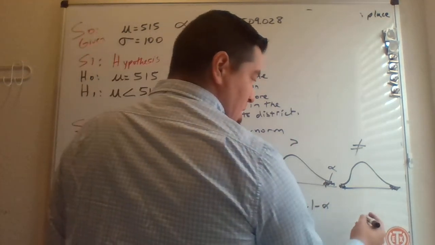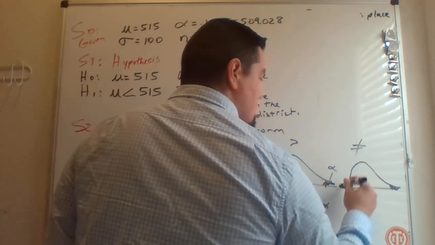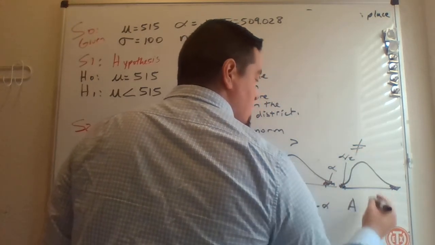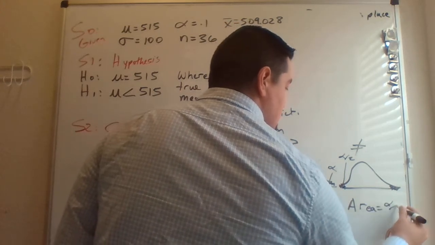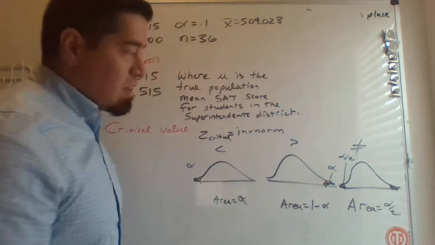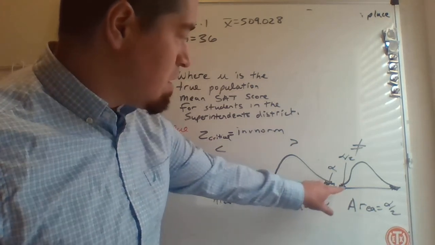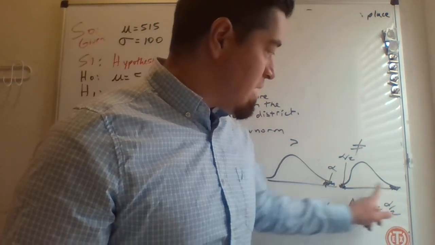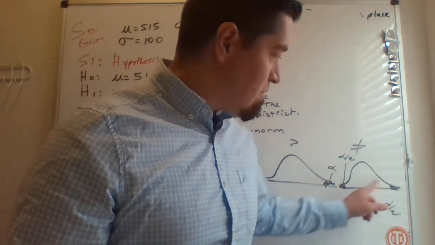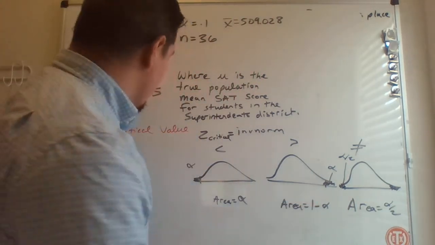Now this one, both combined are alpha, so this side would be alpha over 2. So the area you would want to use is alpha over 2, and then you'll find your z critical for this, which makes positive z critical this. Remember, that's going to be 2 answers, so that'll be a negative, and then you just make it positive, you've got the other side. So this is very important for the critical value step.